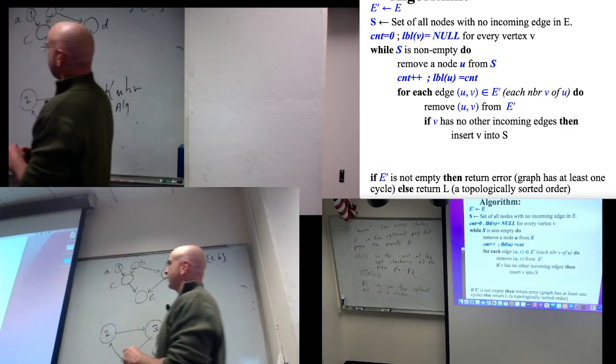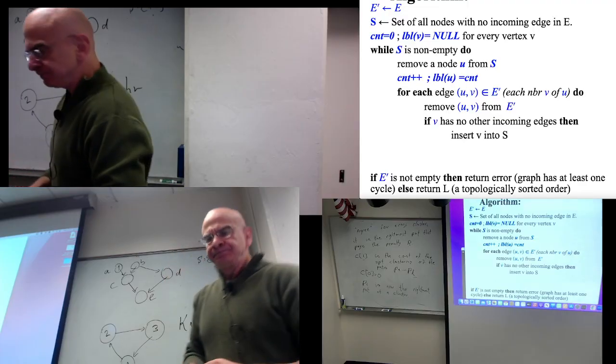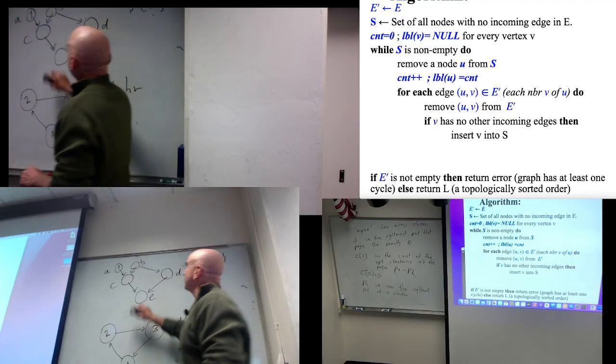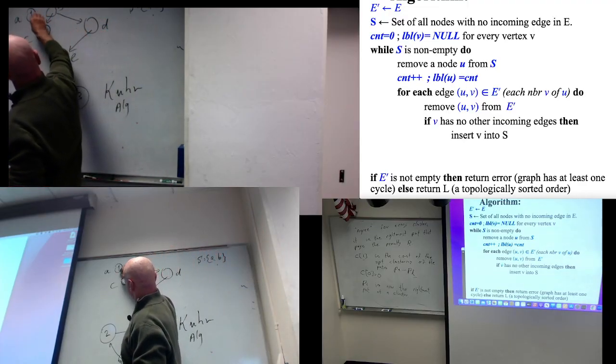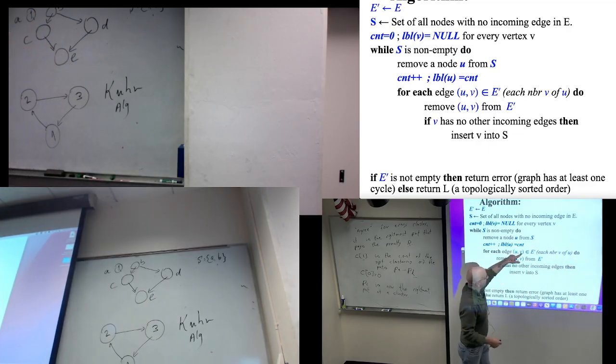Counter was 0, now it's 1, and that would be the label of A. And I remove every edge UV, that is, every edge that leaves U.